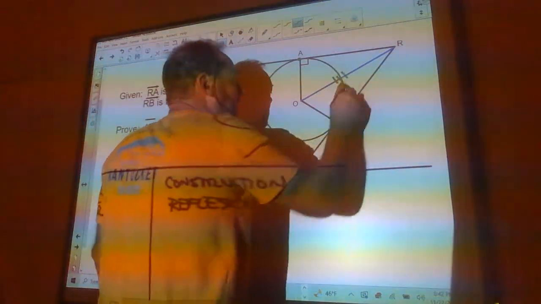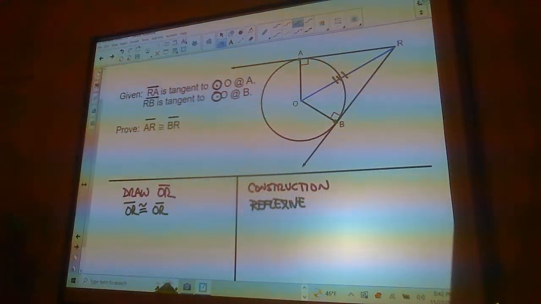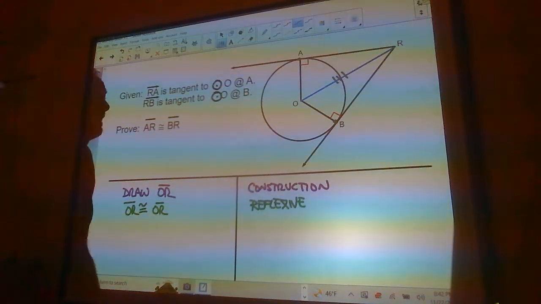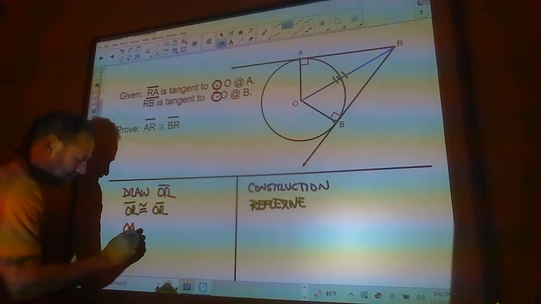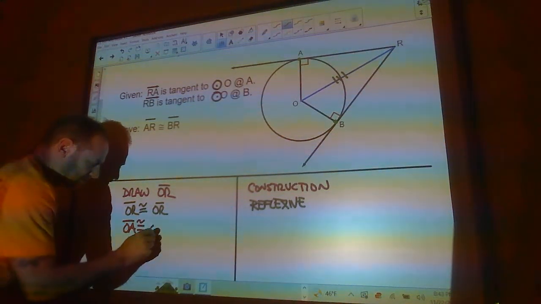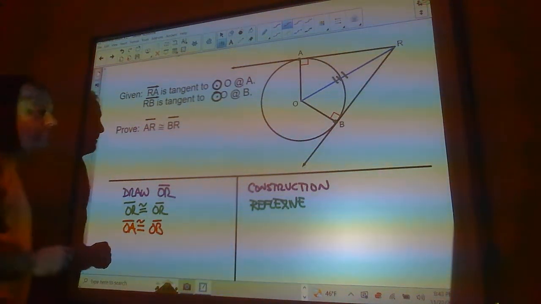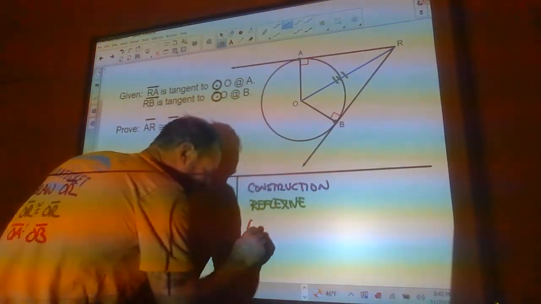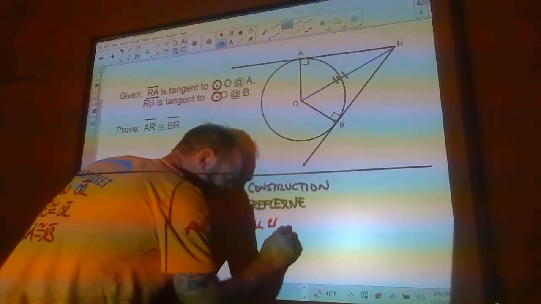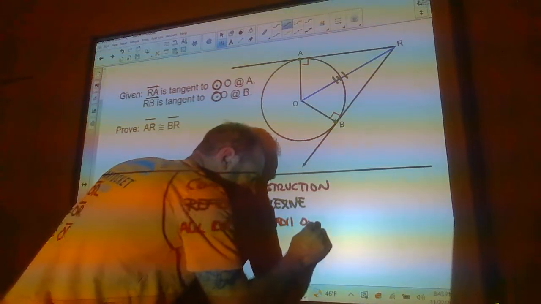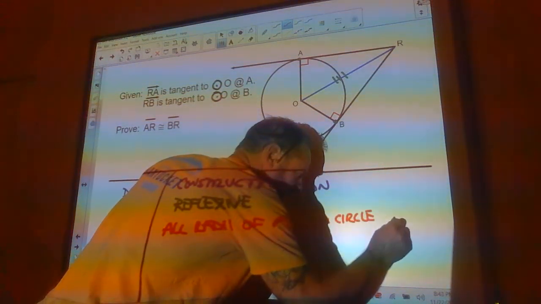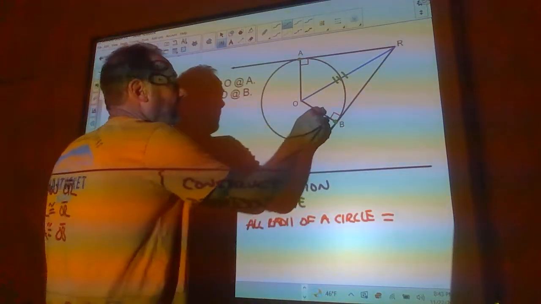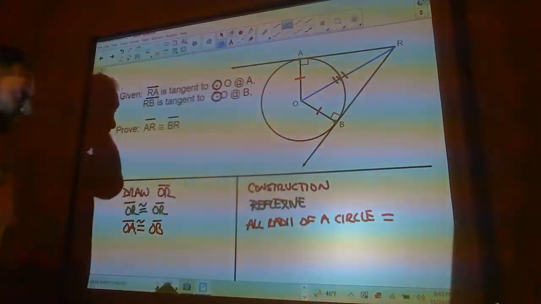I also know that OA is congruent to OB because all radii of a circle are equal. So I know that's equal to that.